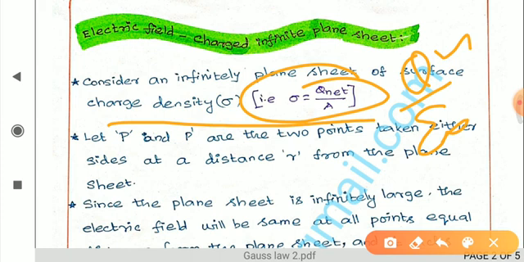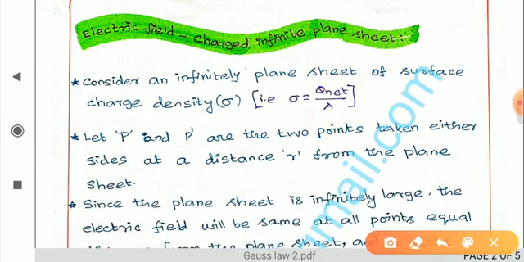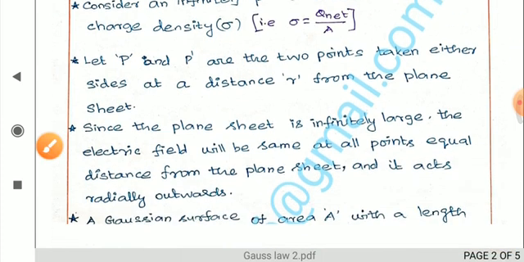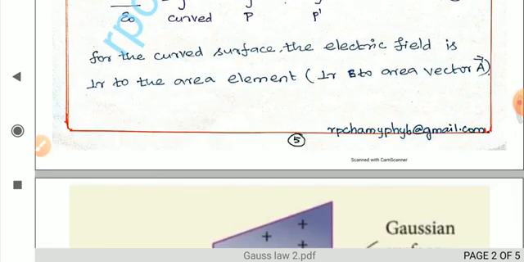To find out the charge value Q, we are considering this concept. Now, to find out the electric field, we are considering two points on either side of this plane sheet.